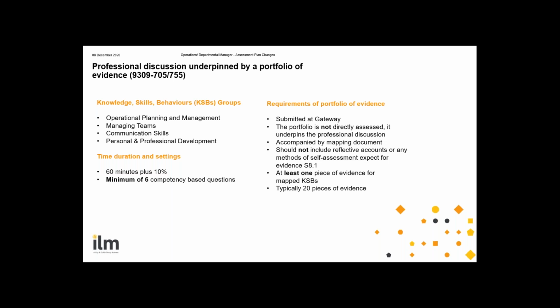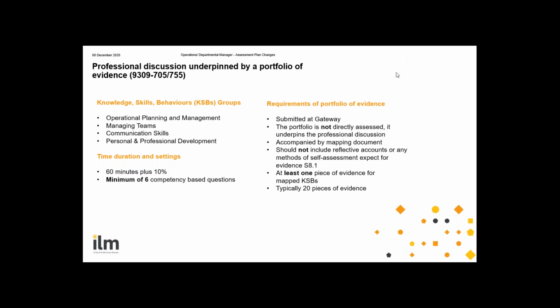And then again, in exceptional circumstances, it might mean that the EPA event day will need to be moved to accommodate the resubmission, the reviewing of the apprentice portfolio, and also allow the IEPAs to see the final evidence that has been submitted as part of the portfolio.